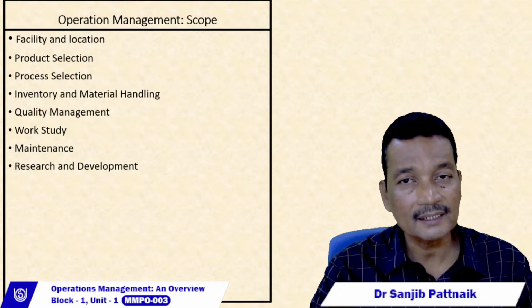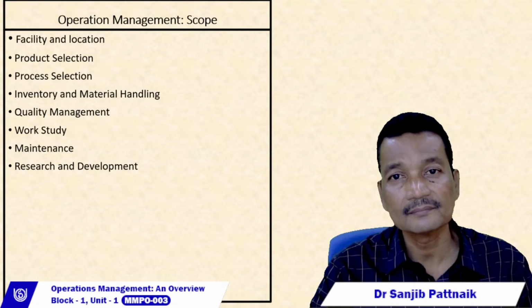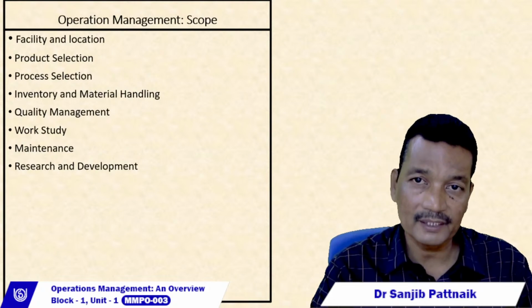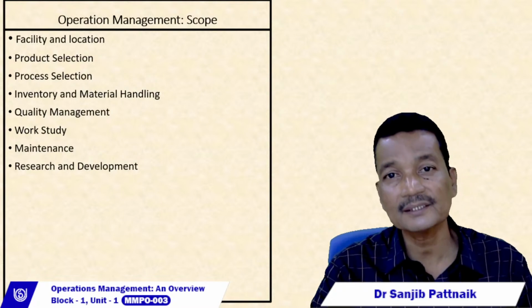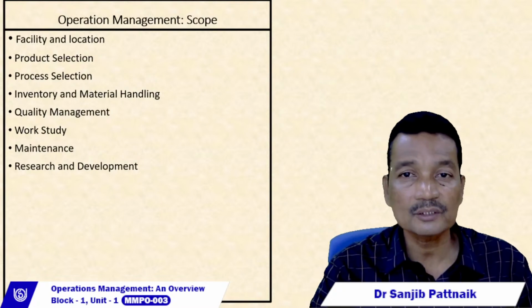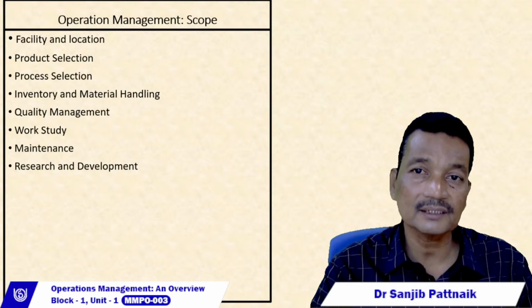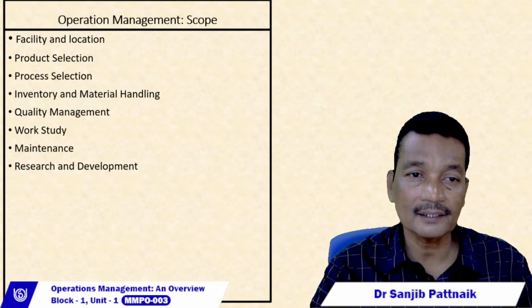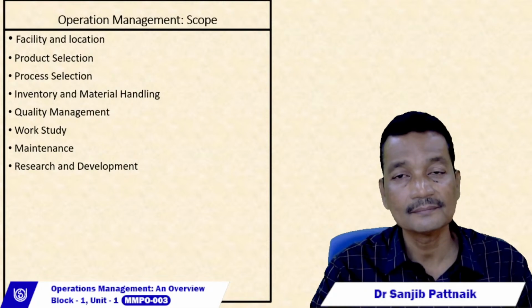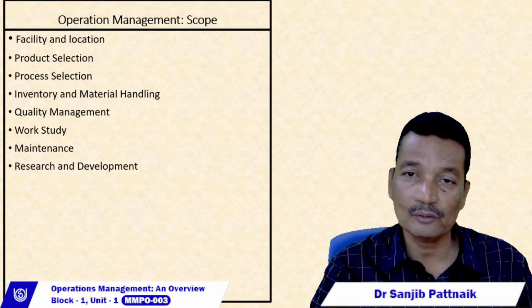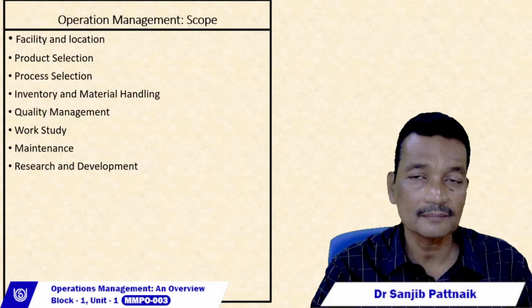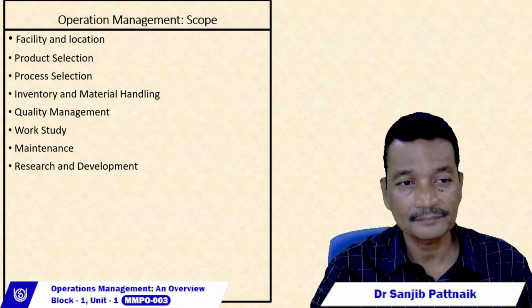We shall be selecting that kind of process for which resources like raw materials are available easily. Resources like human resources are easily available, having the capability and technical expertise. We shall be choosing technological know-how which will be adaptable to the country, etc.